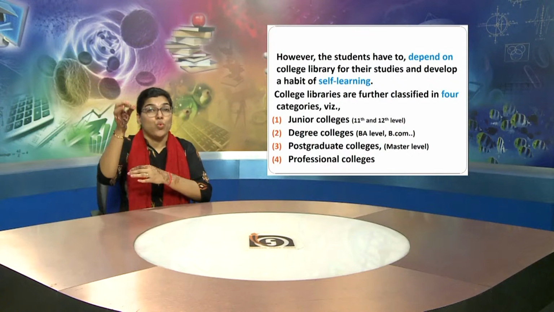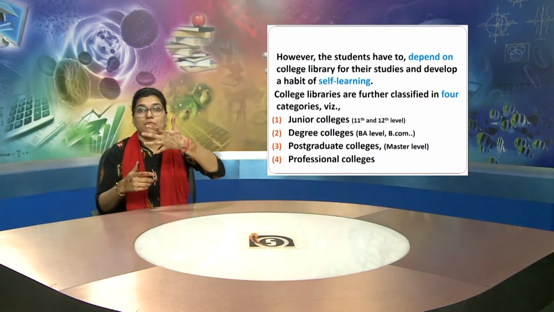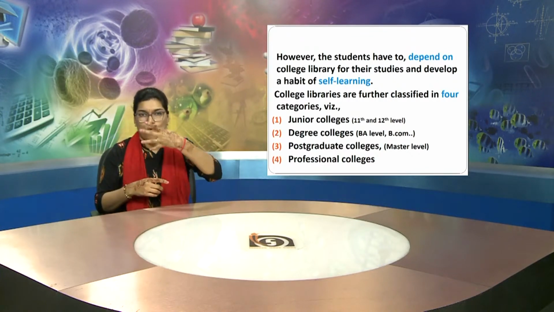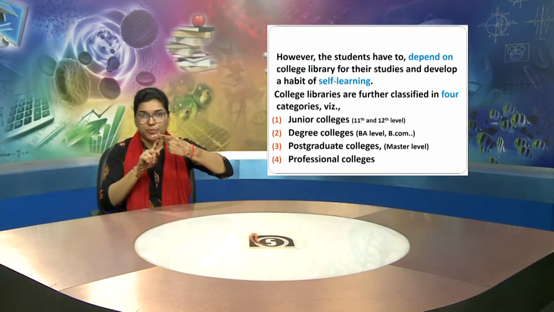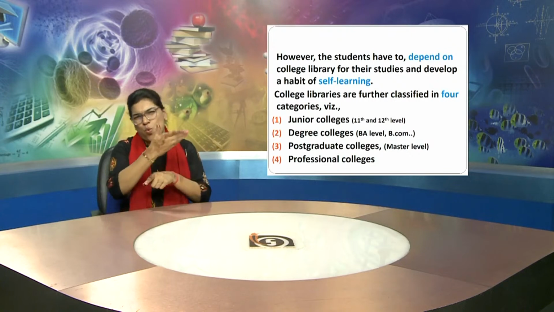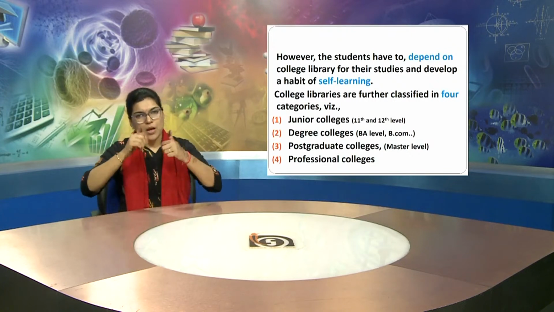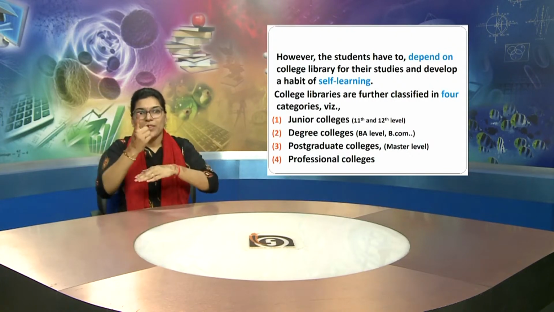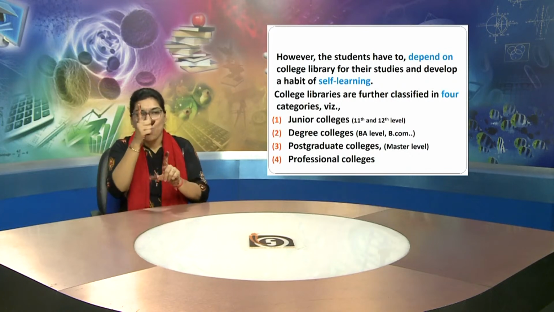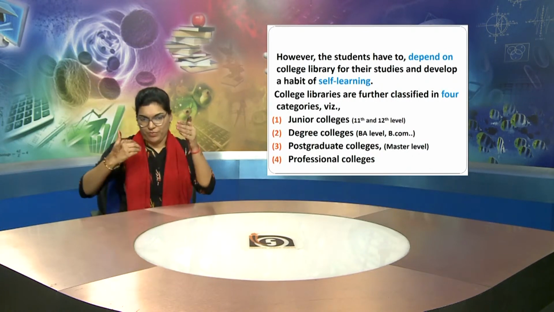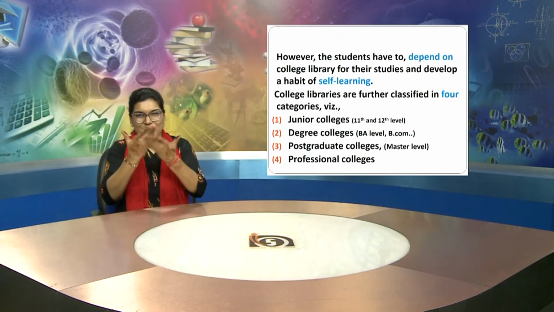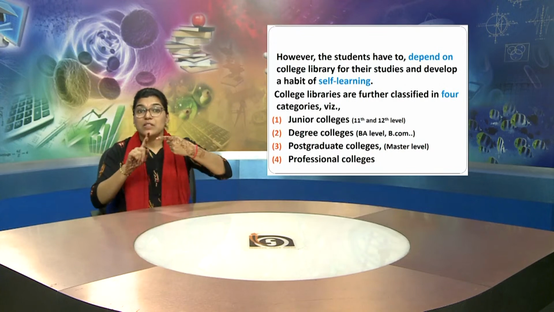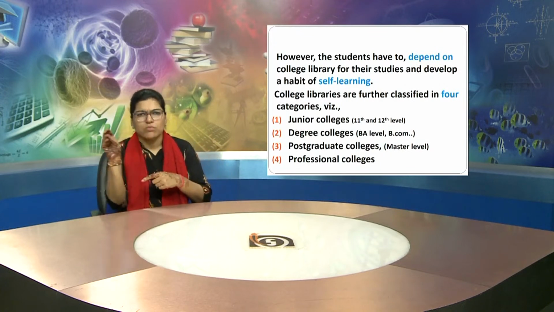If we try to understand about the college library, then college libraries are further classified in 4 different categories. The first category is junior colleges. Junior colleges are when after doing 10th, the students move on to the next level, that is 11th and 12th.